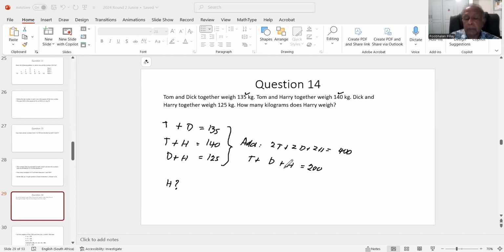So you know the sum of the weights of all three people together. You wanted Harry, so to get Harry, you take away T plus D, but T plus D is 135. So Harry is 200 minus 135, which is 65.